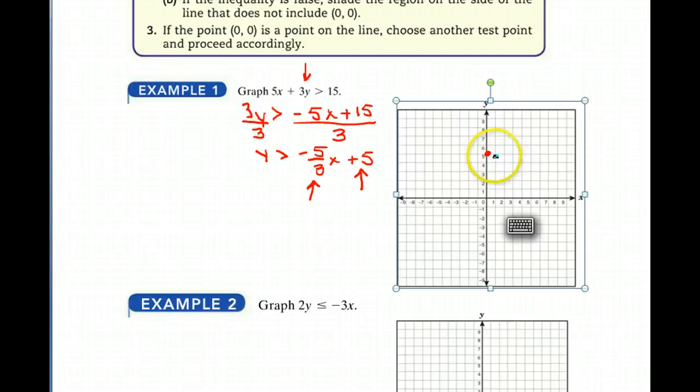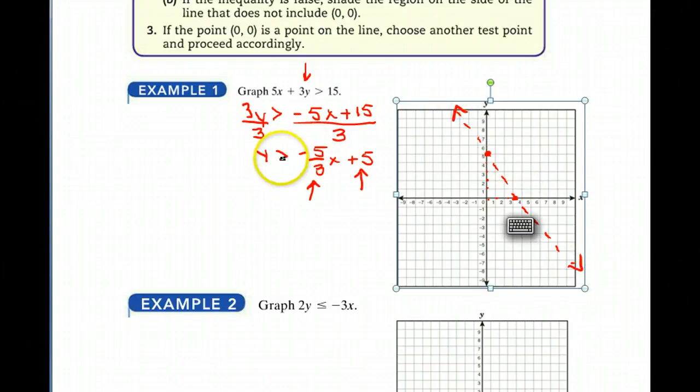My slope is negative 5/3, so that tells me I need to move down 5 units and over to the right 3. That's where I will put my second point. Since my inequality is just greater than, I want to use a dashed line that goes through those points, and put my arrowheads on.